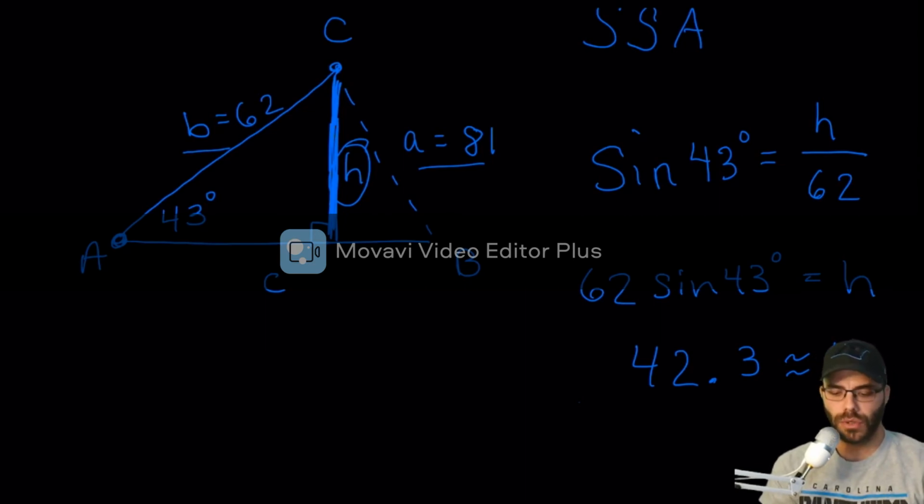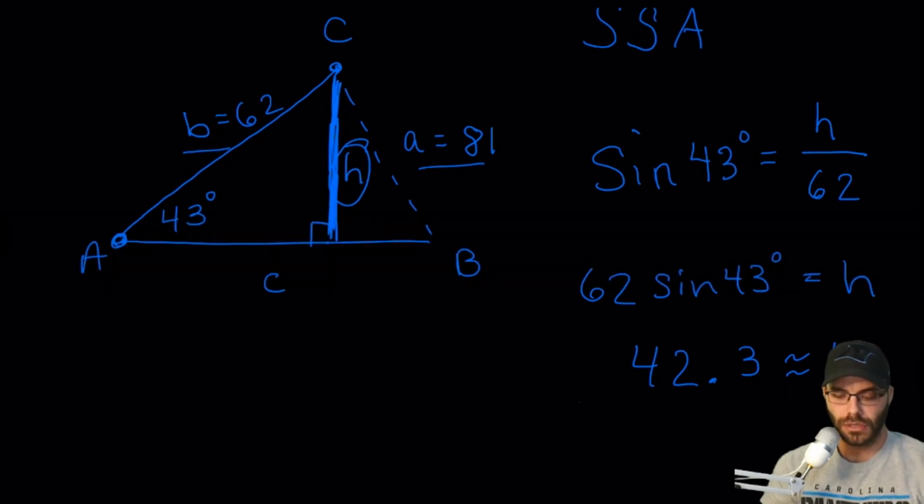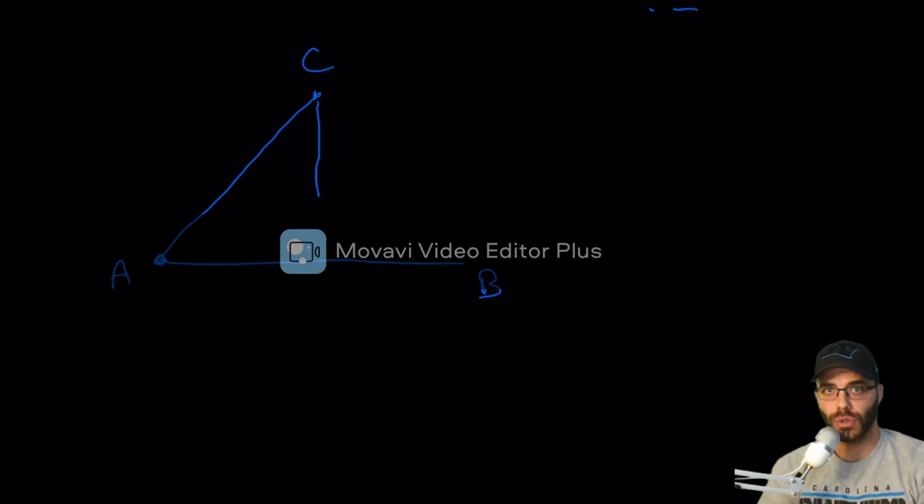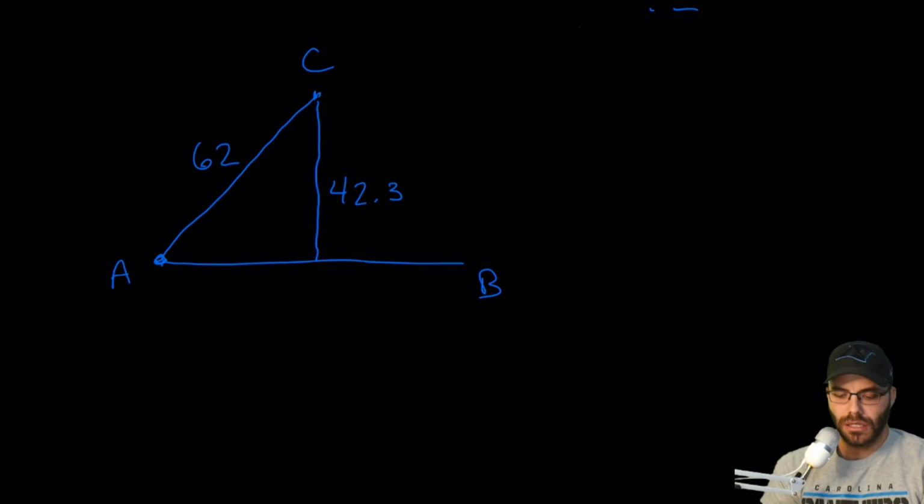So if we draw another general picture, let's say our A was greater than 42.3, so we have a triangle. But what if A is greater than 42.3 but less than 62?